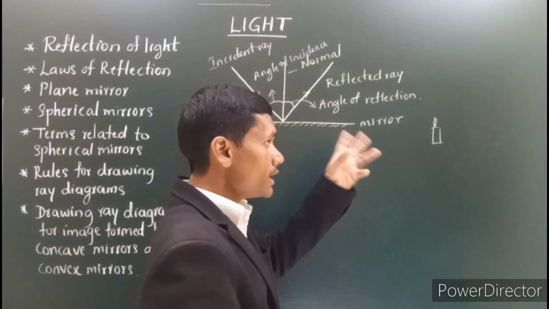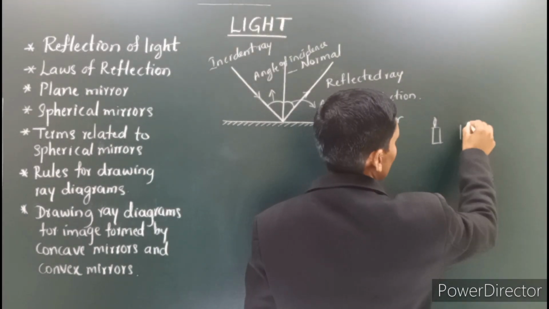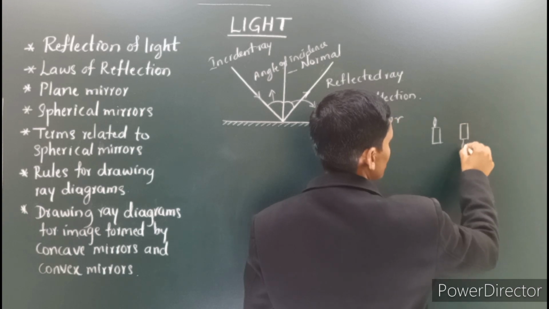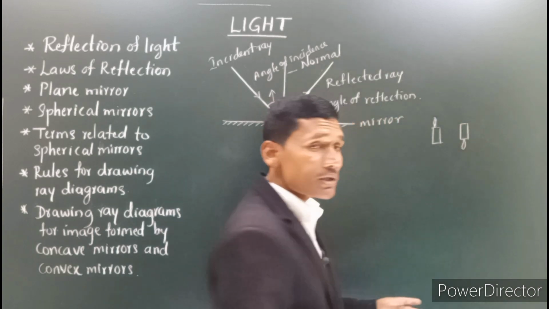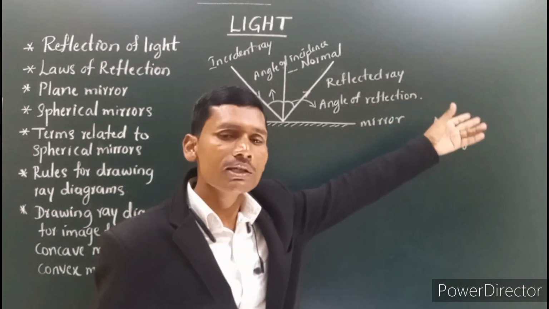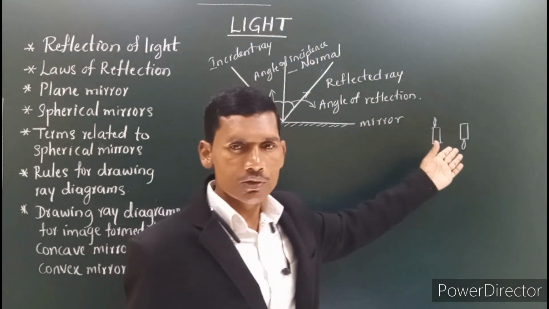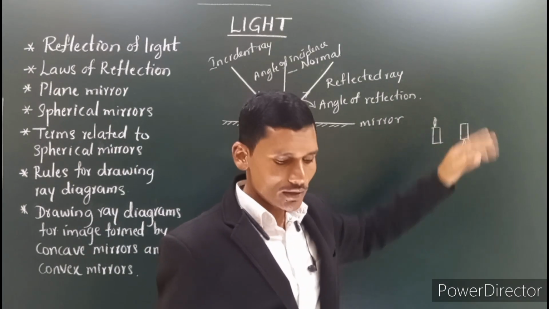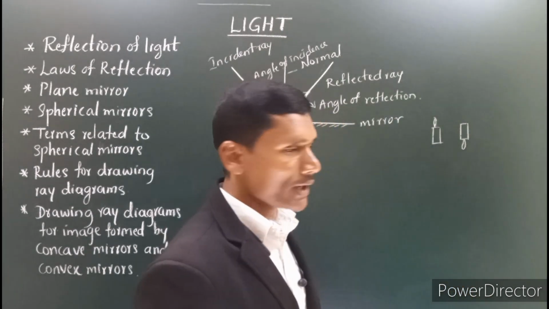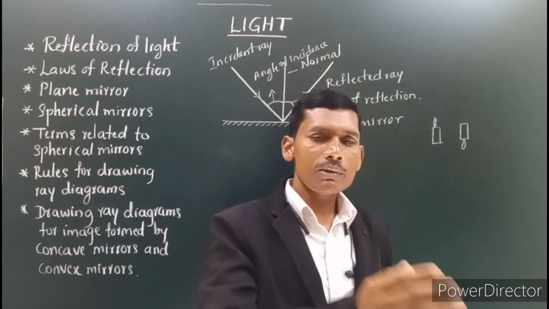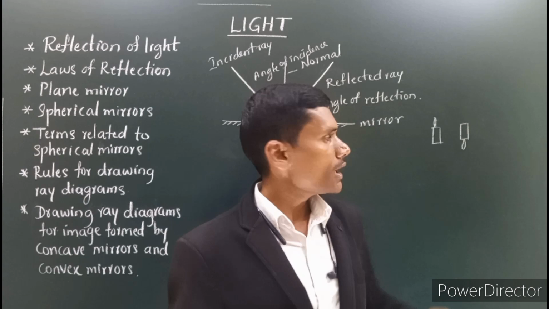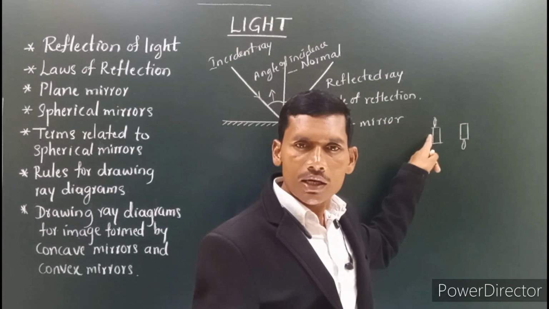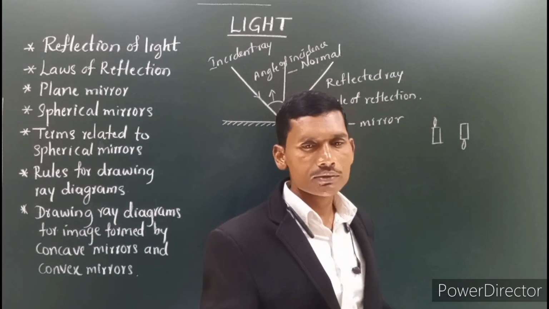An inverted image means we can find the same image like this. Mirrors will form these types of images; in further topics we will come to know about that. This is erect, this is inverted, right? So object size and image size are the same, and the image is erect in the plane mirror.